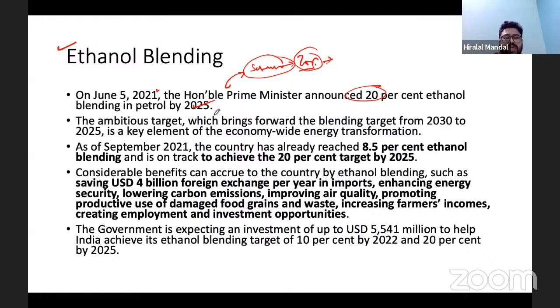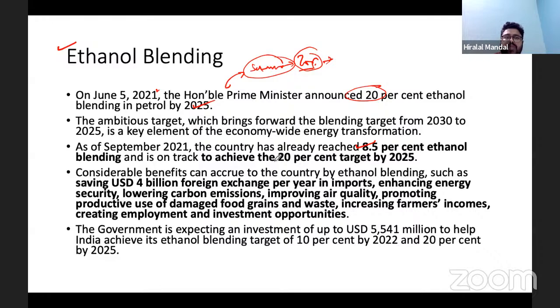That's what the government has promoted, and in fact, we have already reached 8.5% ethanol blending. This year, by October, it is expected that every company will have to ensure 10% ethanol blending. That is the target.